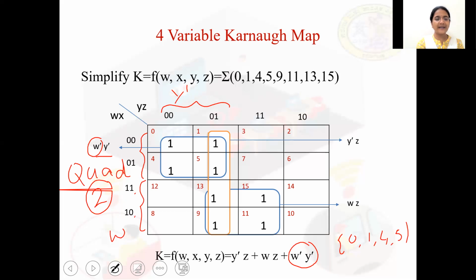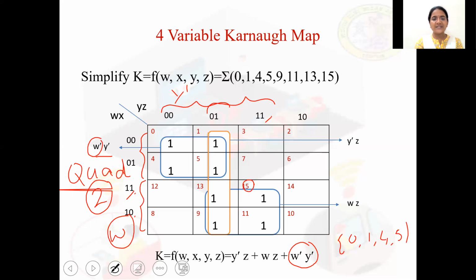So we are eliminating X here and we will get W. Each minterm is written by considering the binary weights of the variables w, x, y, z.